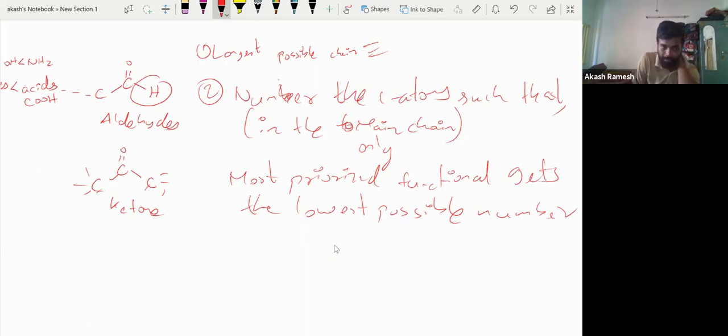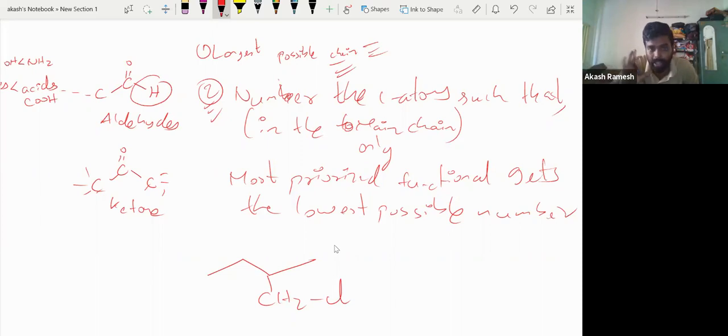Say, for example, if I have a structure, please everybody draw it and give numbers. First do the first point: identify the longest possible chain. And do the second point also, and just keep it with you. I'll give you a minute's time. You don't have to name the compound.